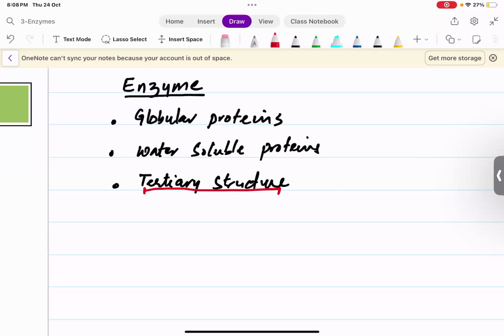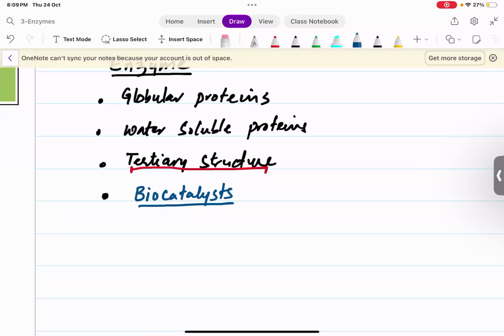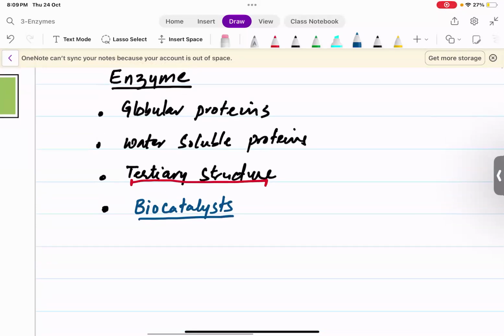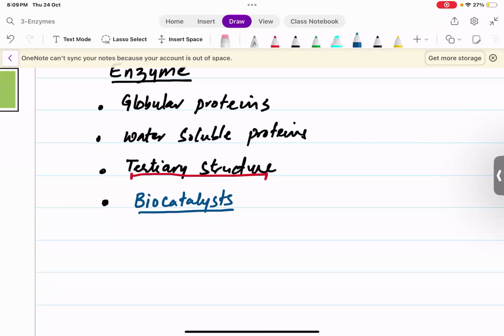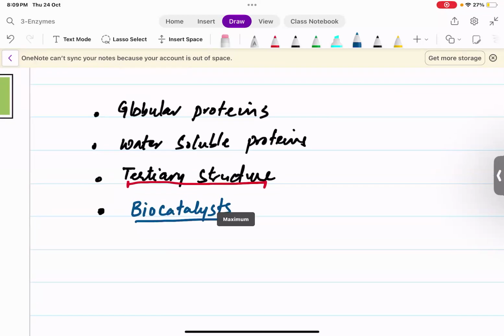And enzymes are described as biocatalysts. A biocatalyst means a substance which speeds up the rate of an enzyme action without being involved in a chemical reaction itself.